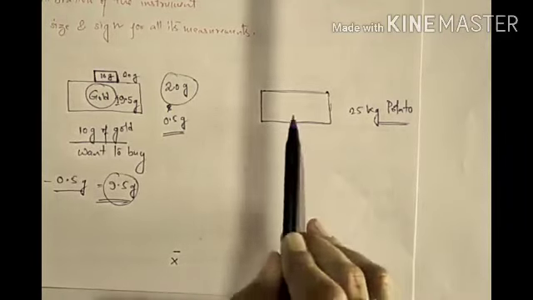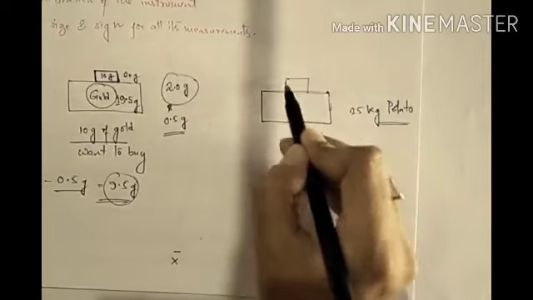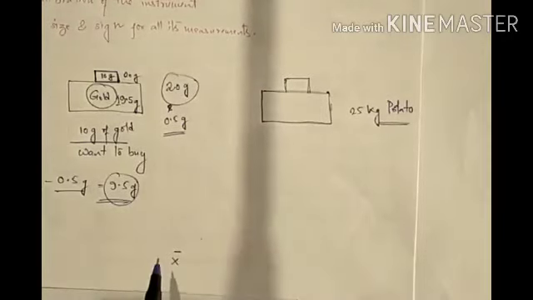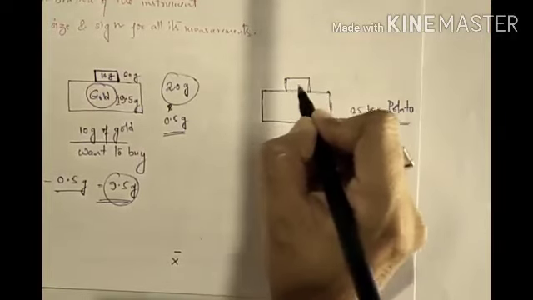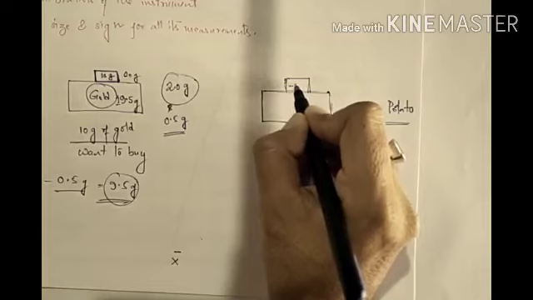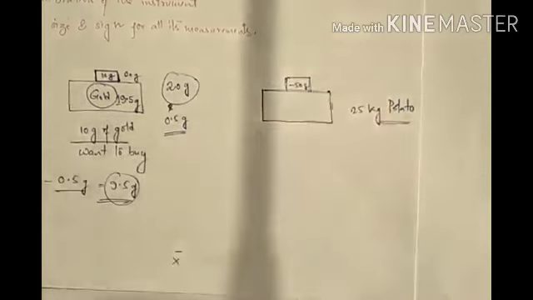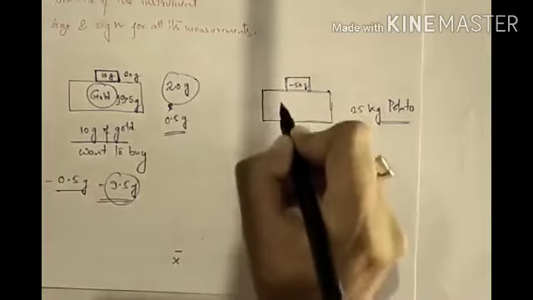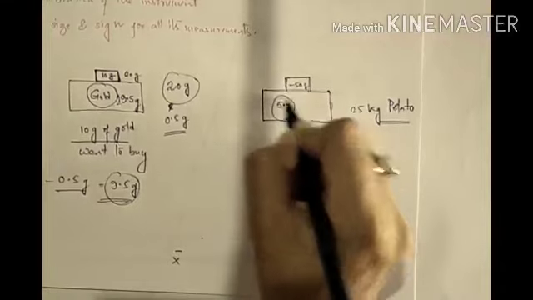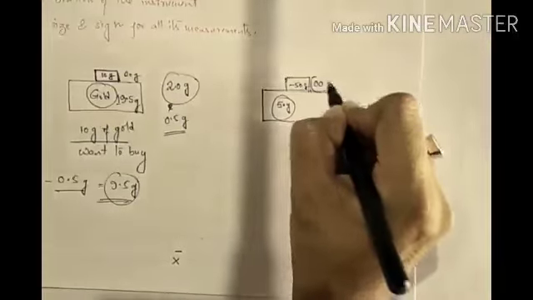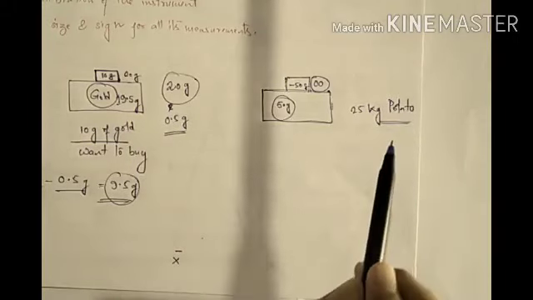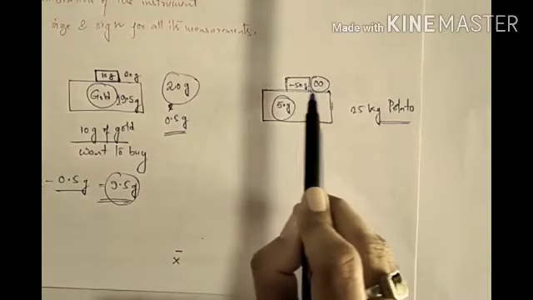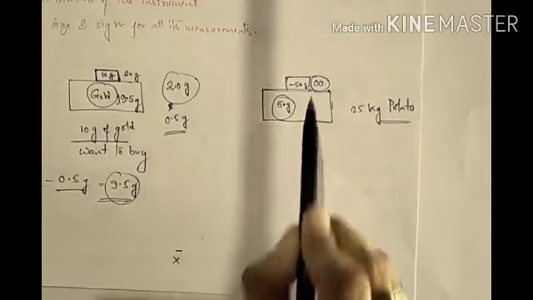Now suppose the condition of the machine is such that there is no 00, it is not showing 00, it is showing minus 50 gram. Then what you have to do is pour 50 gram weight here to bring it to 00, because you will buy 25 kg potato only after ensuring that the display of the weighing machine shows 00.